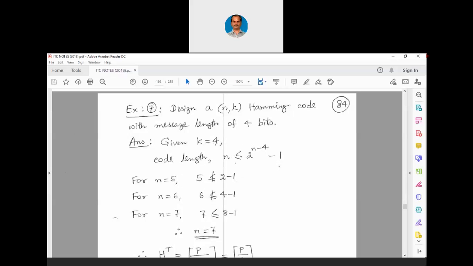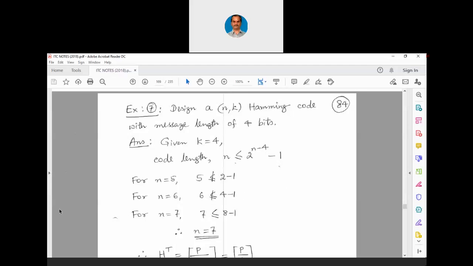K is 4, we can directly go to n as 5, adding only one check bit. But adding one check bit is not satisfying our condition. Now let us go to n equals 6. When you go to n equal to 6 also, 6 is not less than or equal to 4 minus 1. So we cannot have a Hamming code with k equals 4 and n equals 6.